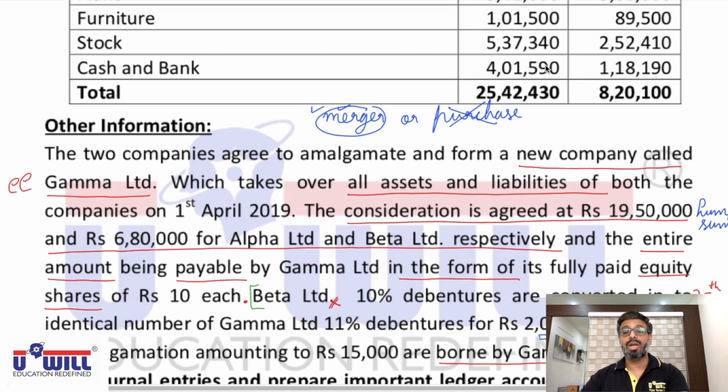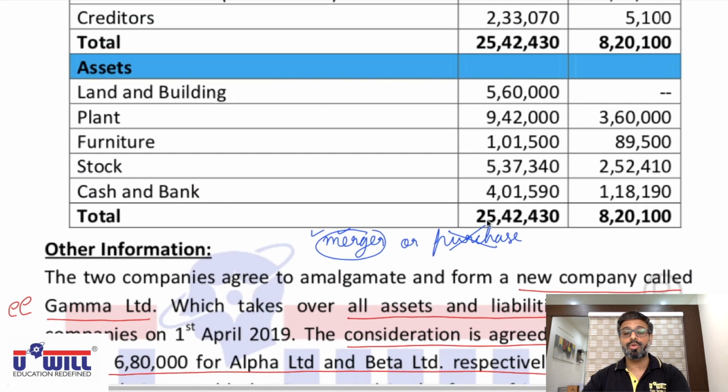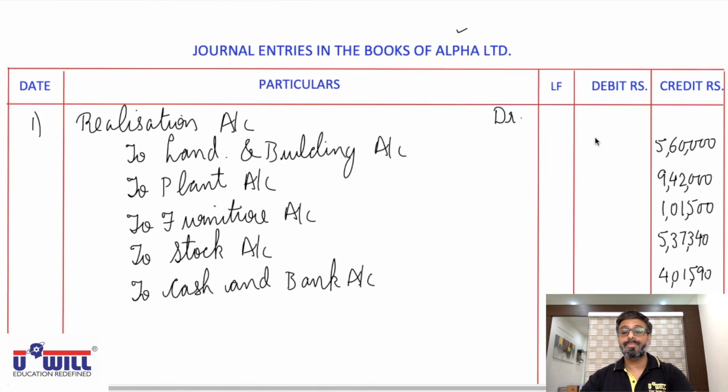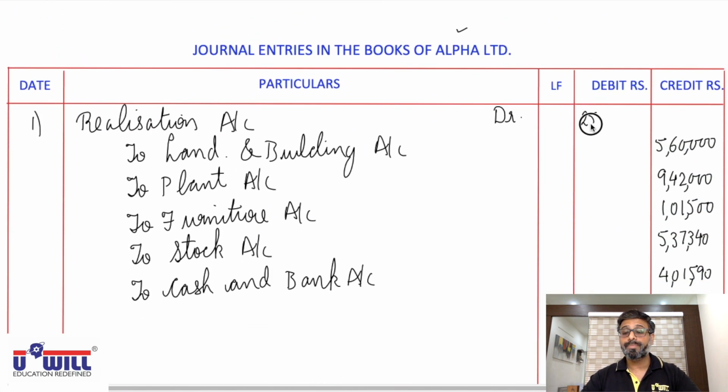It must come, because all assets are taken from the balance sheet. It will come to 2542430. But you can cross check in calculator also. You can add it. 5,60,000 plus 9,42,000 plus 1,01,500 plus 5,37,340 plus 4,01,590.